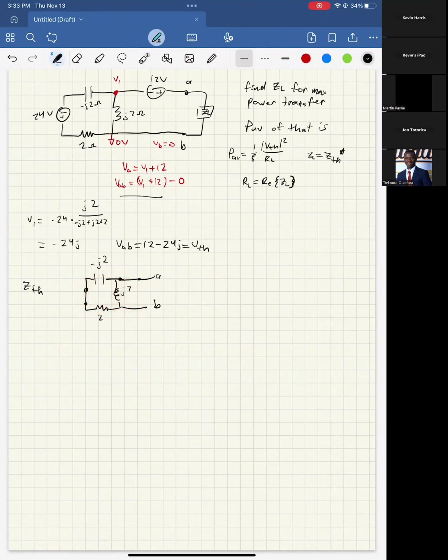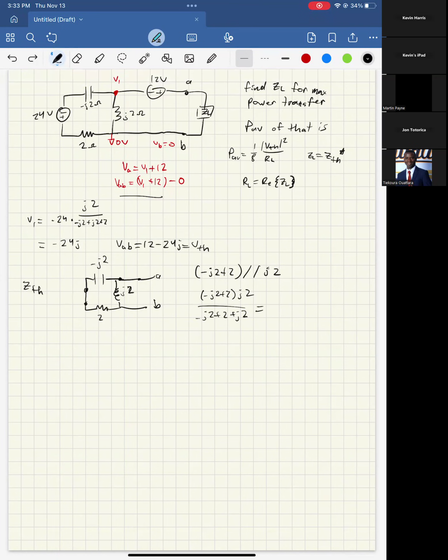So we have negative J2 plus 2 for that left path in parallel with J2. We can write it as negative J2 plus 2 times J2 over negative J2 plus J2 plus 2 plus J2. Actually, that's the best way to do it because these will cancel again.